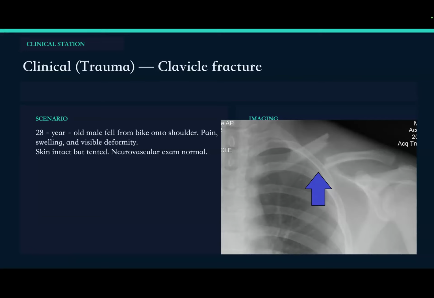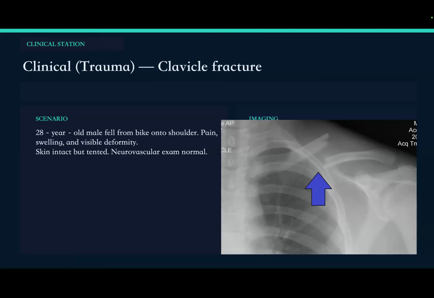Given this significant displacement, my main concern is the skin integrity, and it might tend to break the skin.